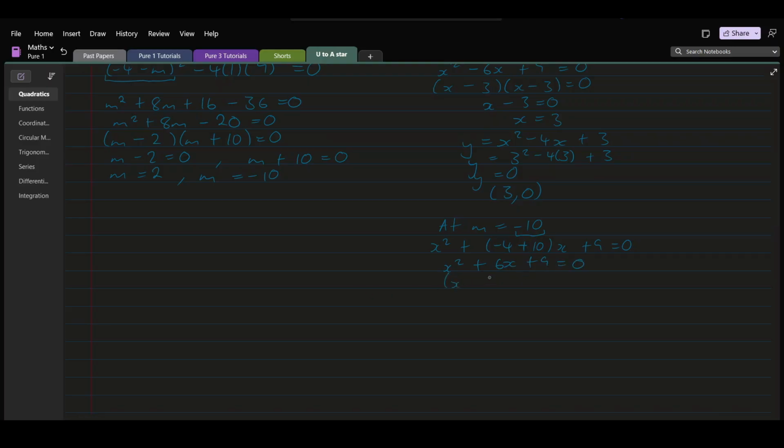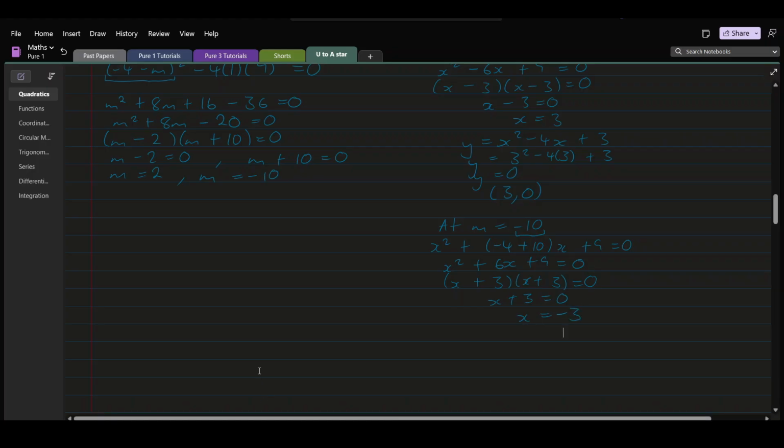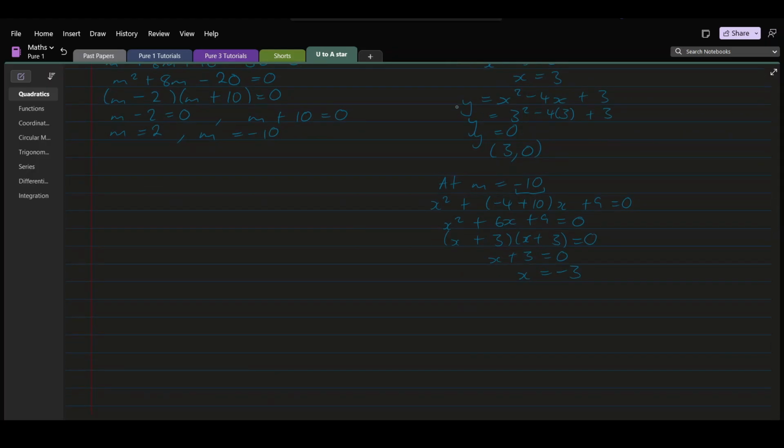And if we solve our quadratic, that's x plus 3, x plus 3 is equal to 0. So you get x plus 3 is equal to 0, x must be negative 3. And again, let's evaluate our y coordinate using this equation over here.